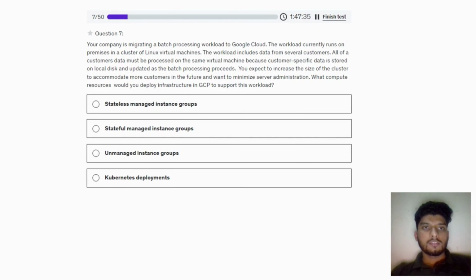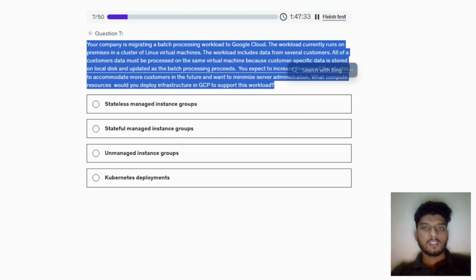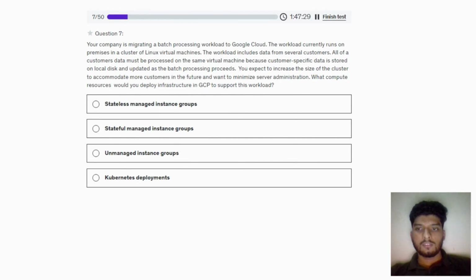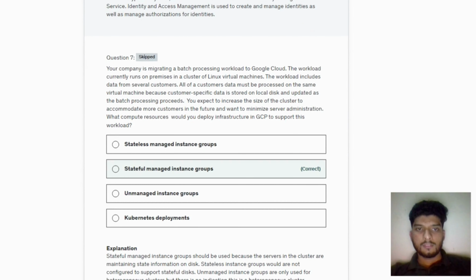The question 7, the right answer, the stateful managed instance groups.